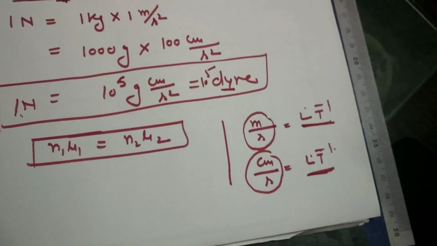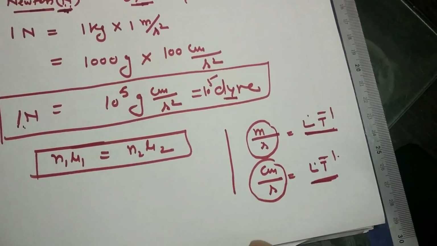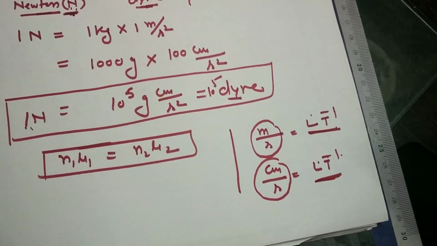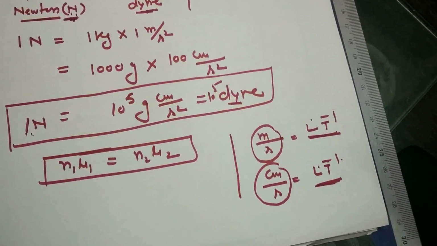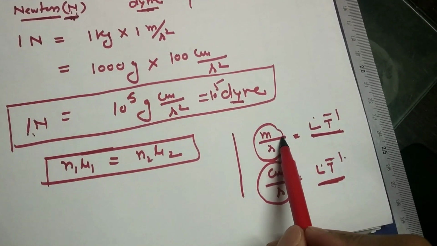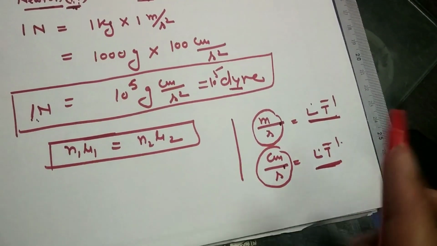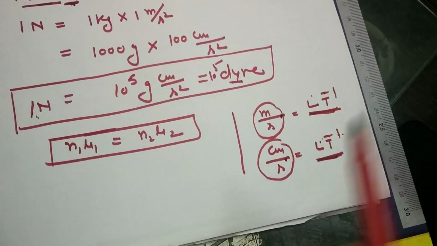So one limitation is that the dimension formula does not depend on a change in unit system for any physical quantity. When we take a physical quantity in MKS, in CGS, or in other different units, the dimension formula will not change and the dimensions also will not change.